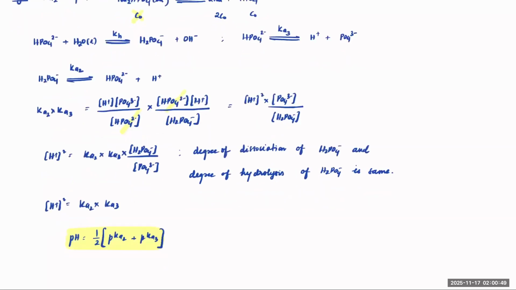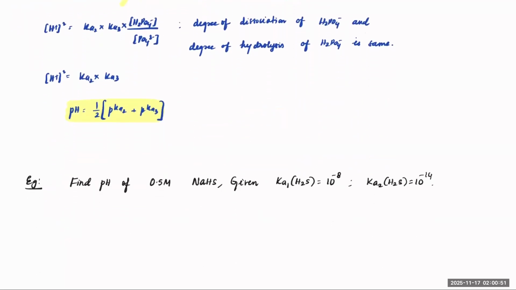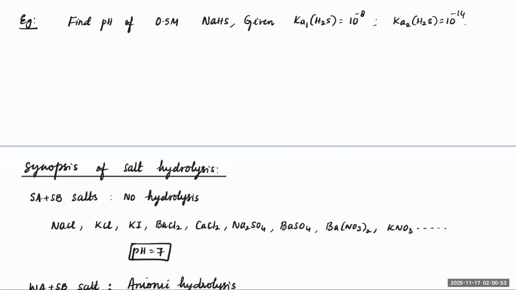So I guess all of you got that. Notice this question now. Find the pH of 0.5 molar NaHS, given Ka1 and Ka2 are given here. So what will be the value of pH? pH will be equal to half of pKa1 plus pKa2.